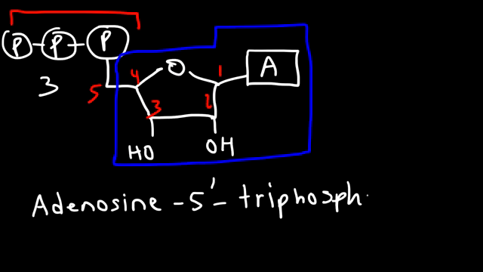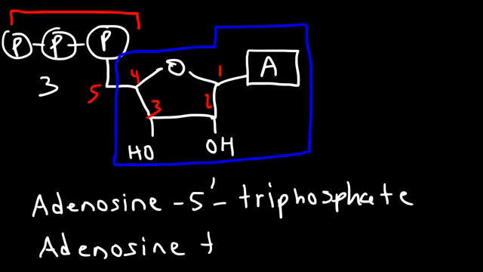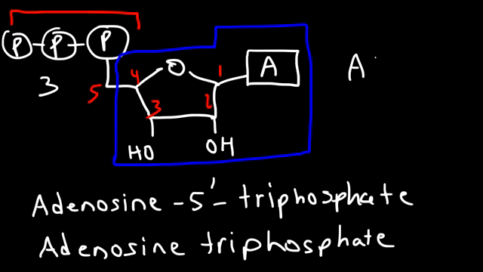Now this particular nucleotide has a common name, and so sometimes the 5 is just ignored because it's a very common molecule, and so it's simply referred to as adenosine triphosphate. And perhaps you heard of it as this molecule, ATP. So that's adenosine triphosphate. Now there's some other ones.